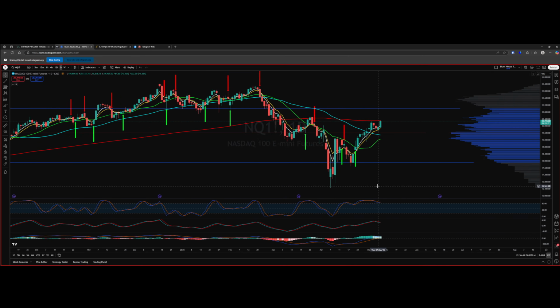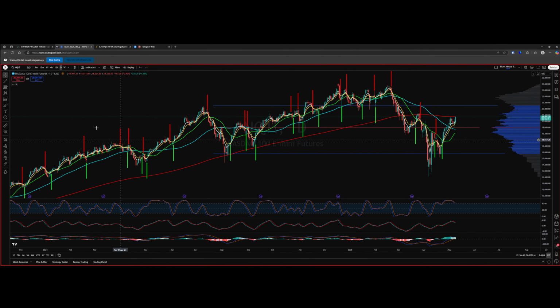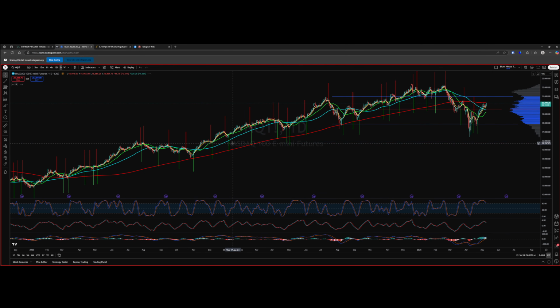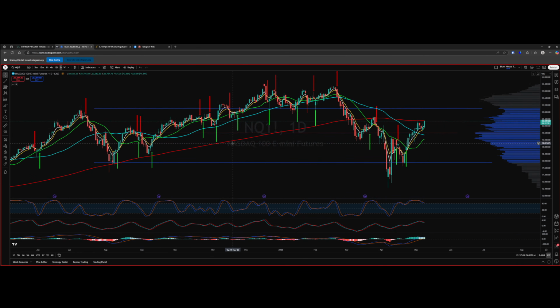Your resistance, so in order to figure out where price is going to go on the right side of the chart, we need to have a good look at where it's been. Right. So you can see what it's going to have to break through here, right? There's a lot of resistance here. A lot. I shouldn't say a lot.